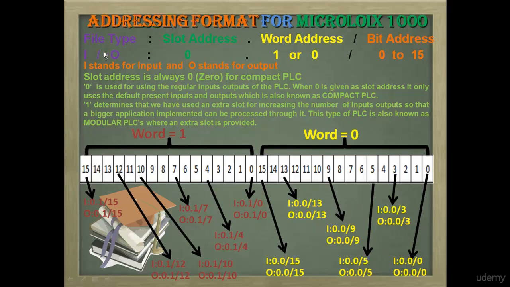For the output, file type is O, slot address 0, word address 0 and bit address is also 0. So the address for this bit is O colon 0 dot 0 slash 0. Here we use slot address 0 because it is a type of compact PLC. You cannot increase any input port or output port on this PLC.